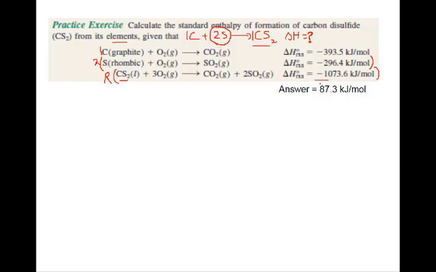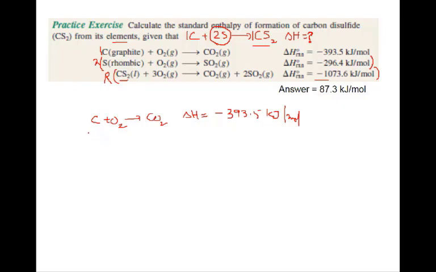Okay, so now let me write this equation again. Equation 1 is not changing: carbon plus oxygen changes to carbon dioxide, delta H is equal to minus 393.5 kilojoule per mole.